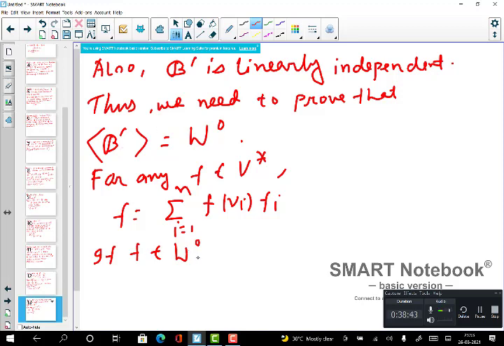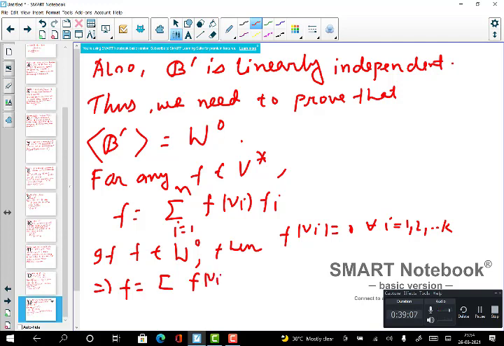Then we know that f of v_i is 0 for all i equal to 1 up to k, because v_1 to v_k forms the basis of W. So you can write f equal to the sum of f of v_i times f_i, where i is from k plus 1 to n, because before k plus 1, f of v_i are 0 by definition of W naught.